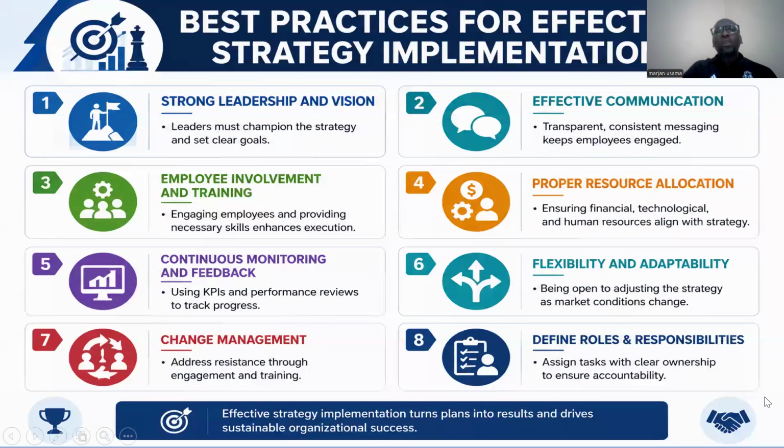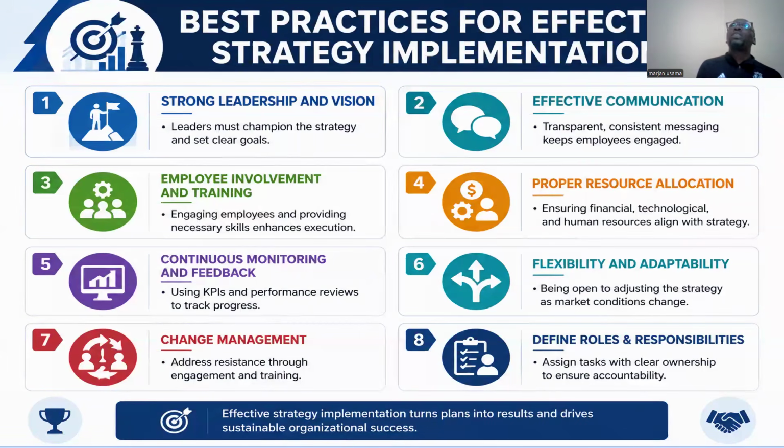Then lastly, we need to define roles and responsibilities. So we need to assign tasks with clear ownership to ensure accountability. So when we are giving responsibility, we have to ensure that everything is clear, everybody knows what he or she is supposed to do.